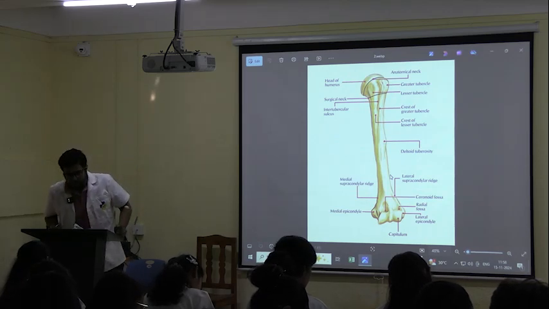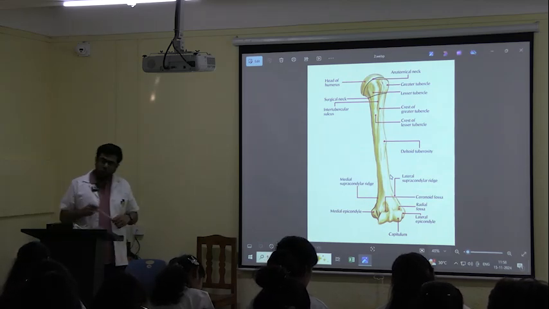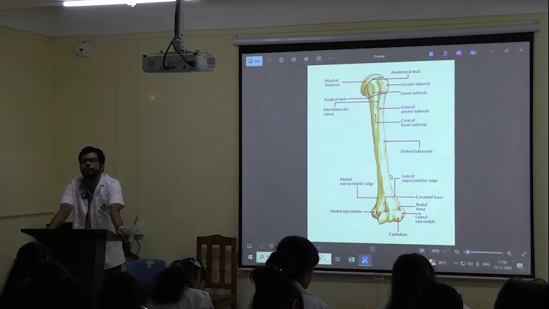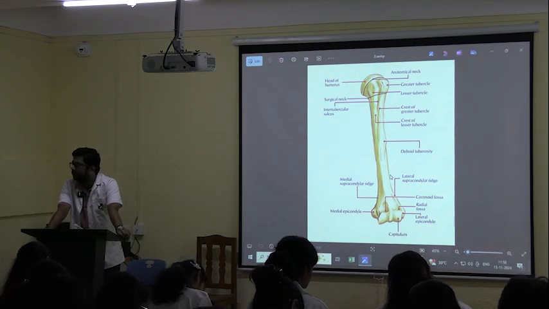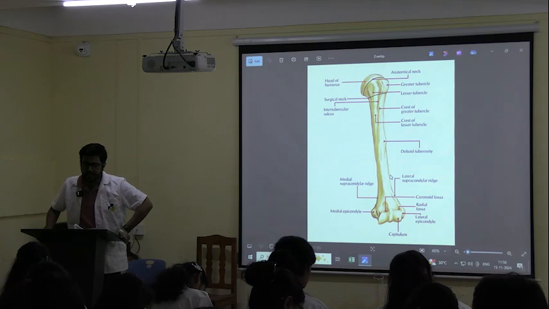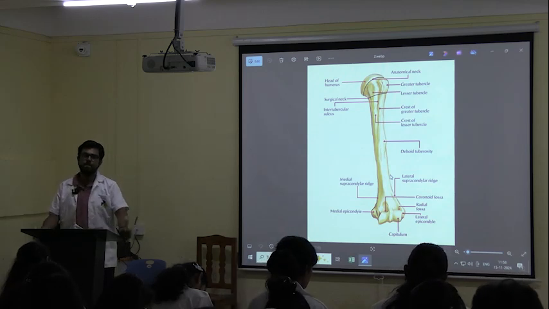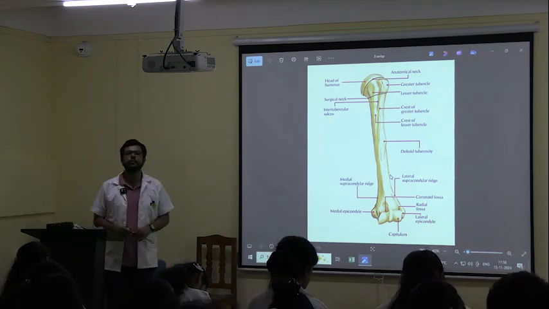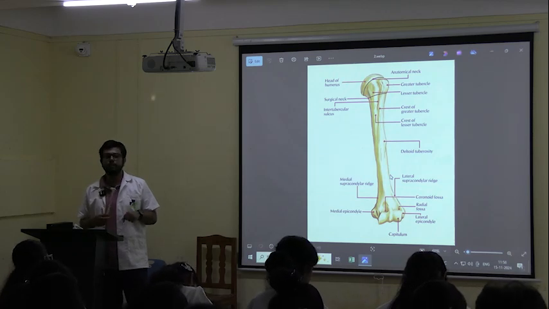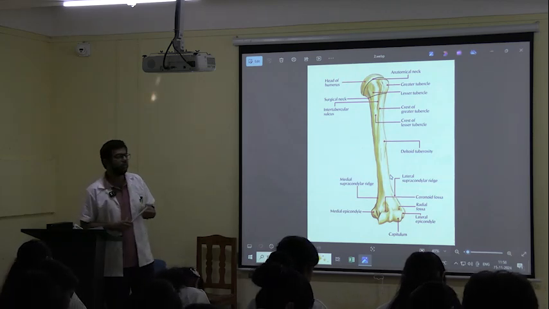Okay. Then there is one fossa, olecranon fossa, facing posteriorly. And there are two fossas facing anteriorly. Likha. Two fossa will be facing anteriorly.